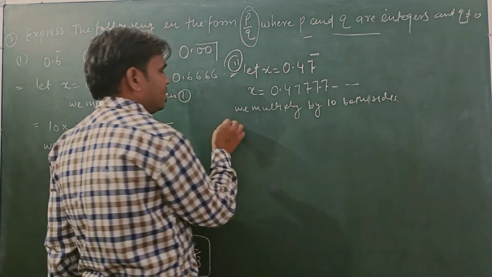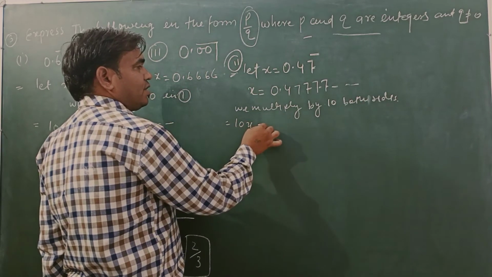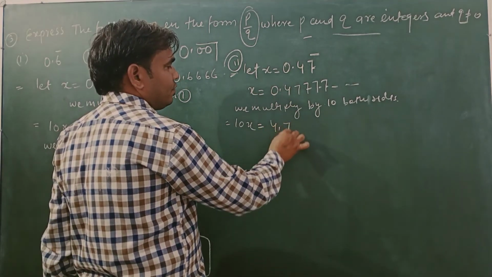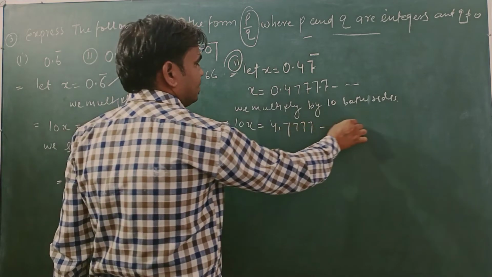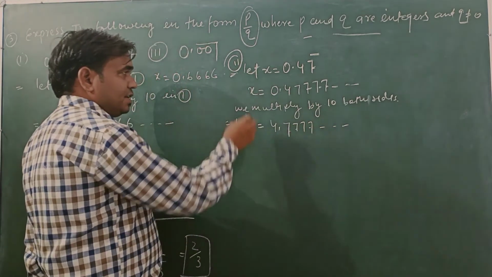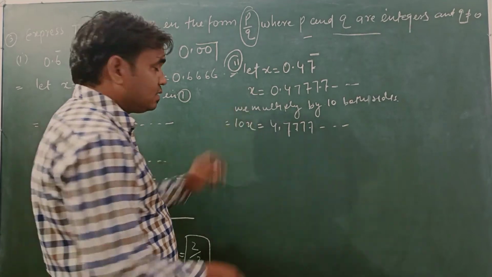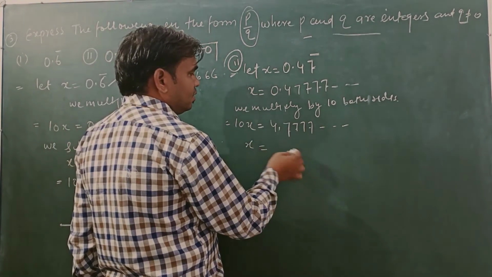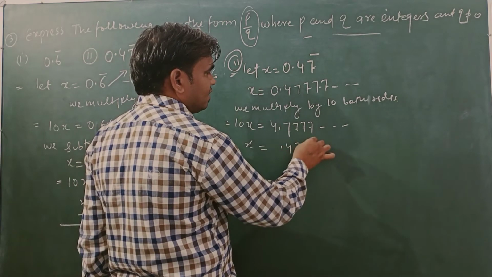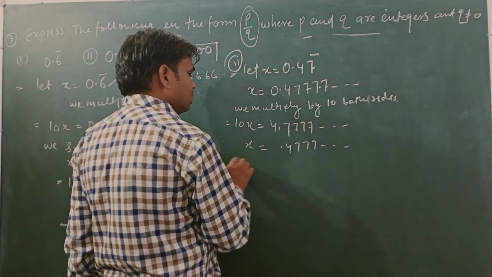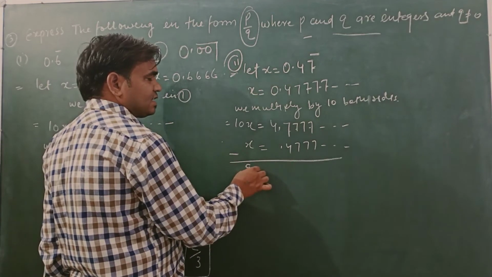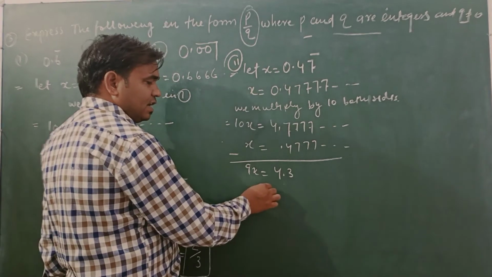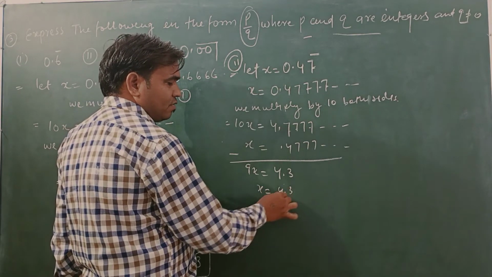So here we get 10x equal to 4.777, as the decimal moves. And here we subtract the original, x equal to 0.4777. After subtracting, 9x equal to 4.3, so x is 4.3 over 9.